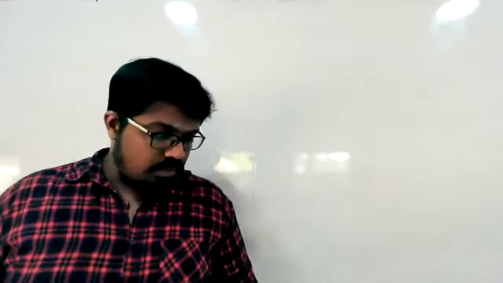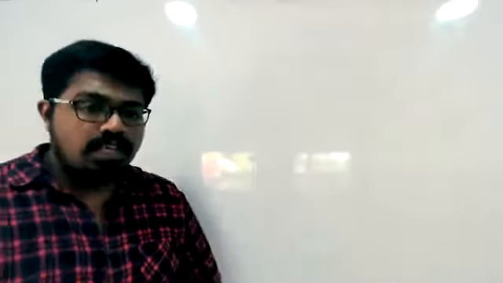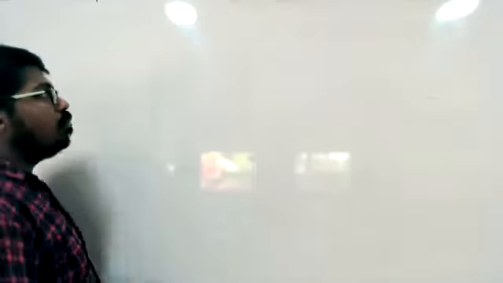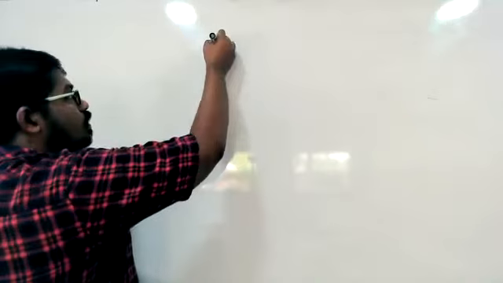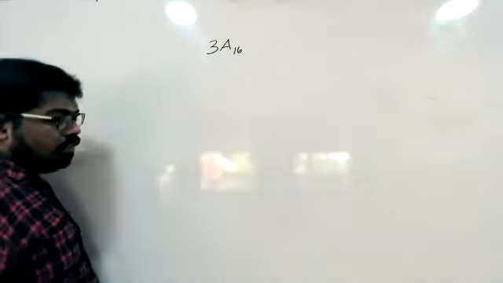5 questions. So in the 2012 paper, question number 5 is: the binary equivalent of the number 3A base 16 is. So they ask you about the binary equivalent of the number 3A base 16.